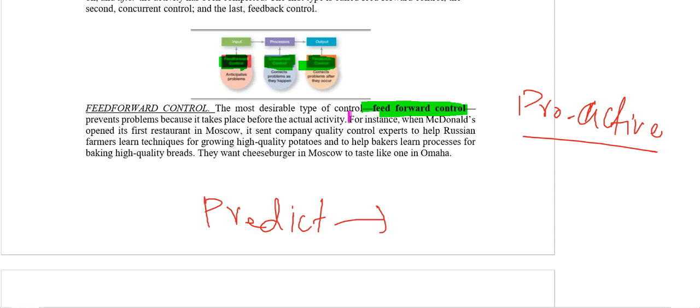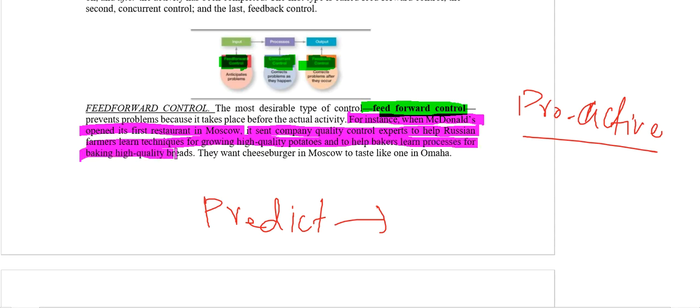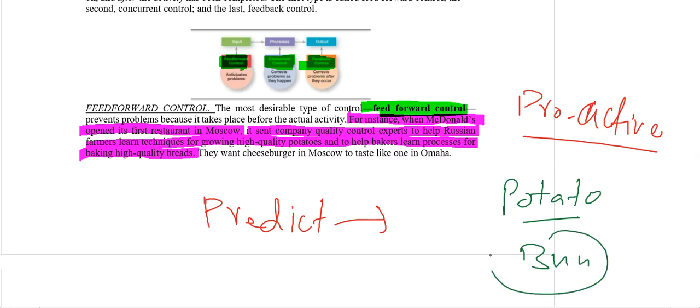Let's take an instance. When McDonald's opened the first restaurant in Moscow, Russia, it sent company quality experts to help Russian farmers learn techniques to grow high quality potatoes, and to help bakers learn the process for baking high quality breads. It means when McDonald's went to Russia, first of all they wanted good quality potatoes for the chips, and good quality buns and breads for their burgers.